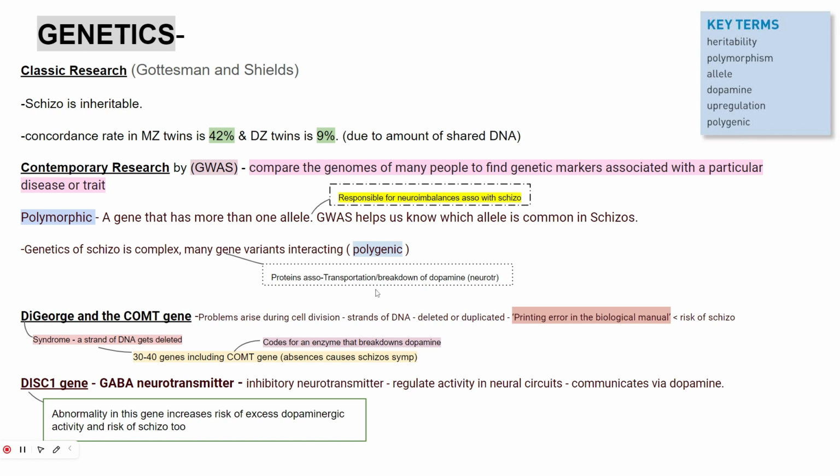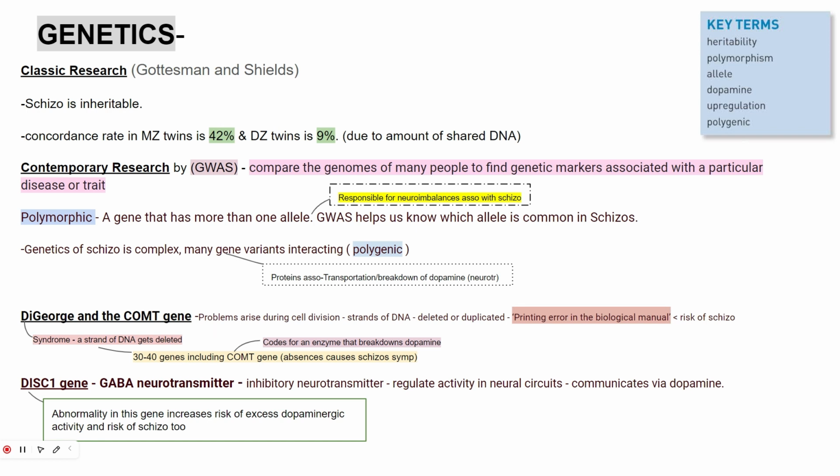And so also the proteins associated with transportation and breakdown of dopamine in the schizophrenic condition.